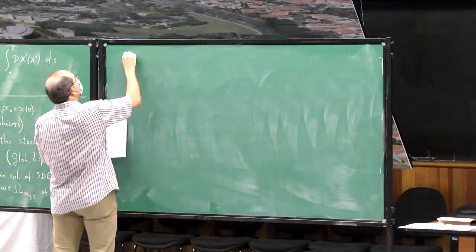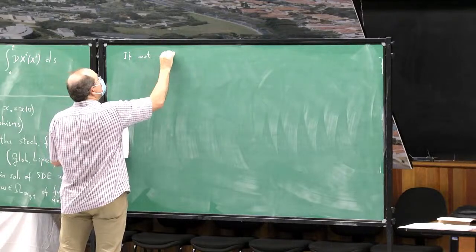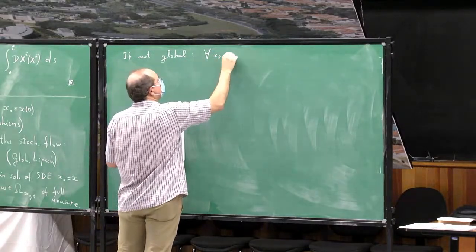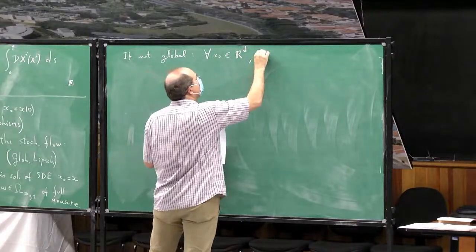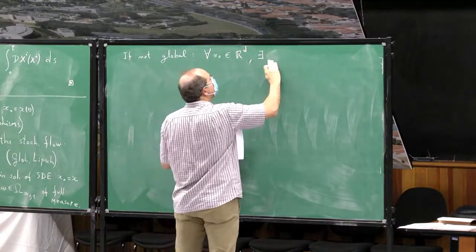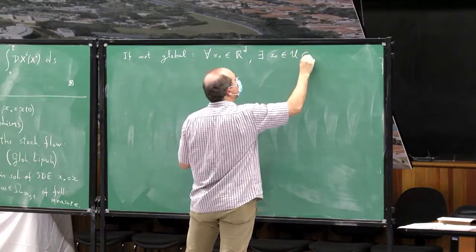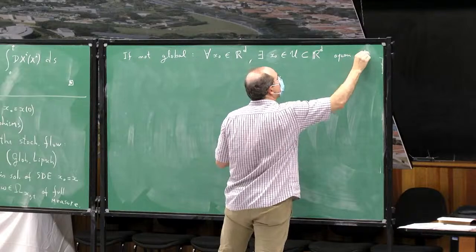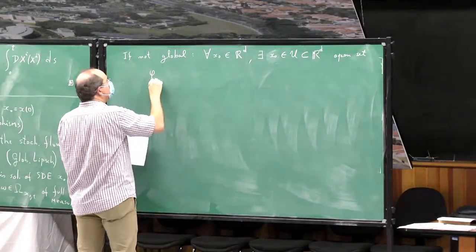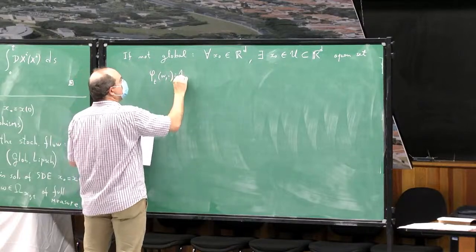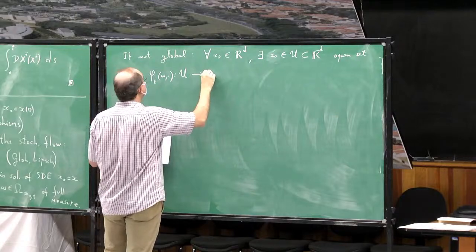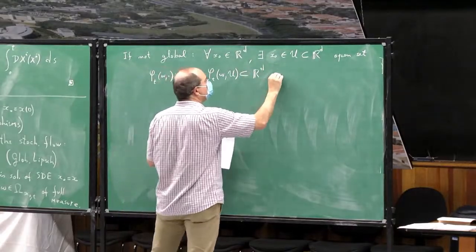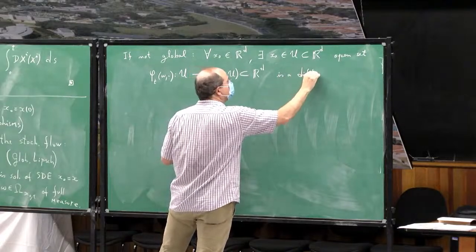And if not global, for each x naught in R d, there exists U, an open set, and phi t into its image in R d is a diffeomorphism.